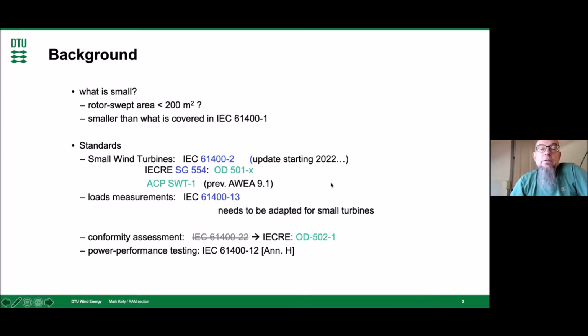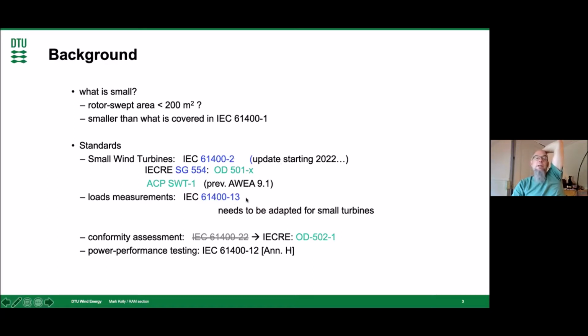On the American side, the United States, there's a new Small Wind Turbine document coming out, which takes over from the old IEA 9.1. But anyway, the -2, this international standard, still needs to be updated.